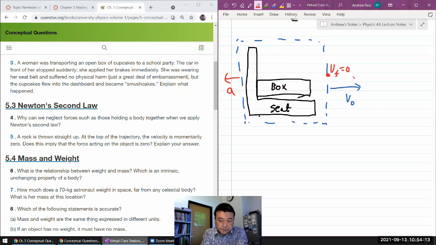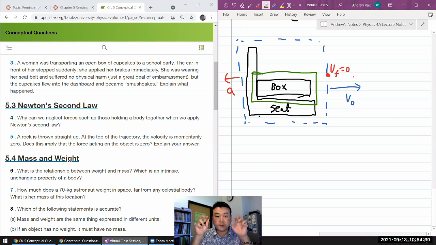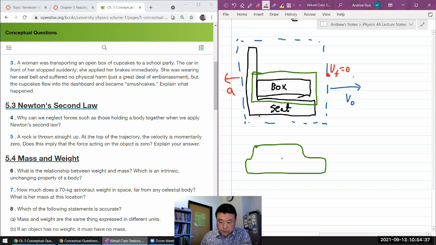Okay, and the thing that's tricky in this situation is when you're trying to describe what is happening to this box, intuitively you want to describe some kind of a forward force, because what you see in the car is that you have the box that was sitting here and it flies off to the front to become smush cakes.